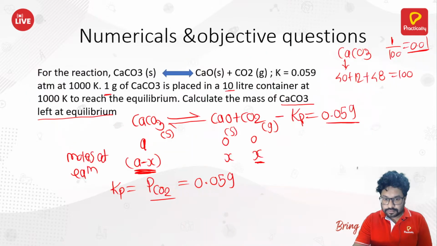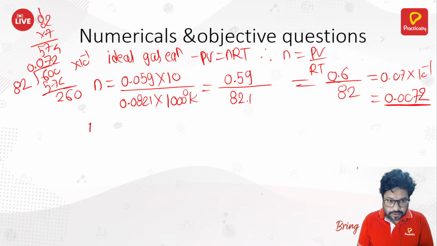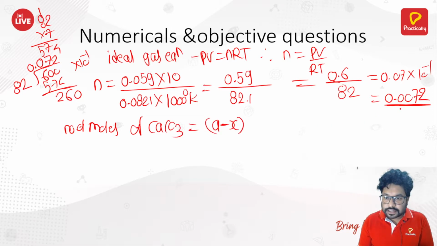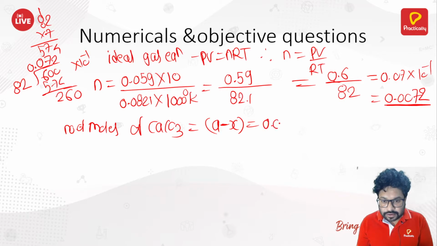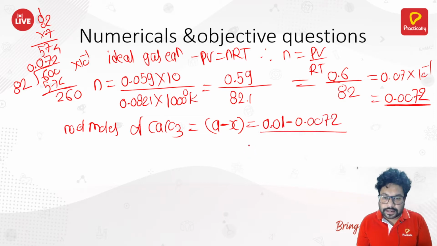So now the number of moles of CaCO3 is equal to A minus X. We just got the X. What is A? A was 0.01, remember? So it was 0.01 minus 0.0072. So how can we make it in easier terms? Suppose I move this decimal point by 3, it will become 10 into 10 raised to minus 3.